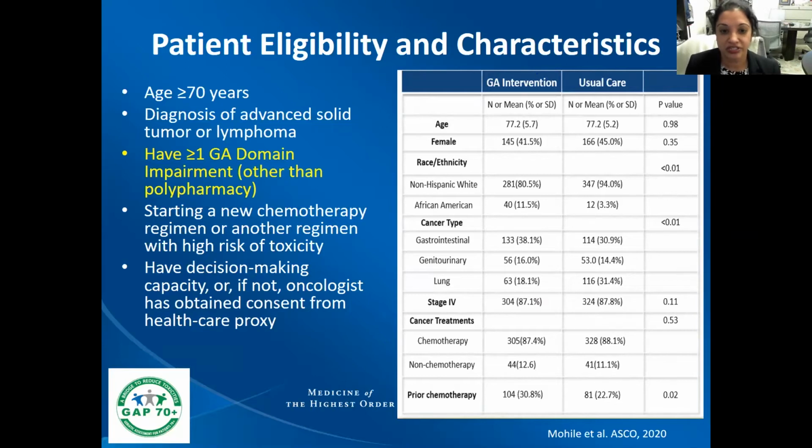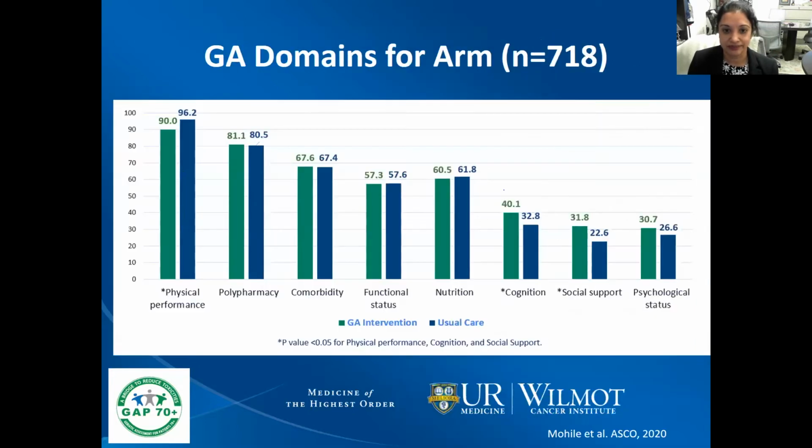The majority of patients had either gastrointestinal or lung disease and were stage 4 and were receiving chemotherapy. And about 25% of the population had received prior chemotherapy, meaning the majority of patients were treatment naive enrolling onto our study.